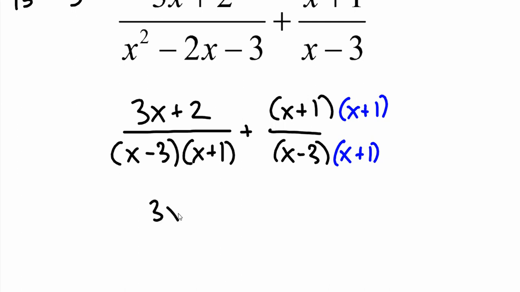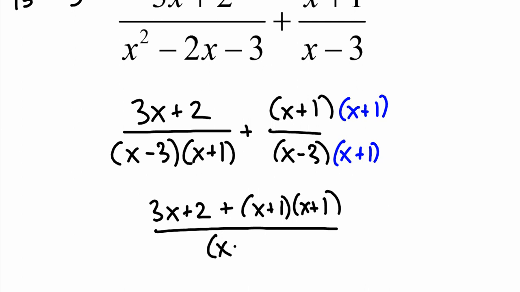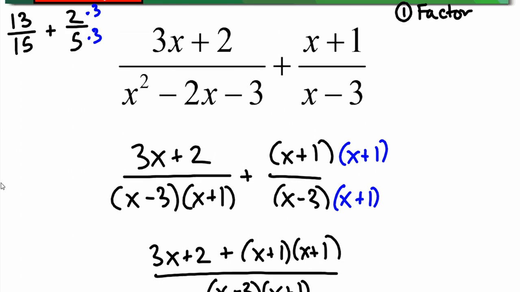So I get 3x plus 2 plus x plus 1 times x plus 1, all divided by the common denominator of x minus 3 over x plus 1. It's the same thing you did with fractions over here. Once I have 13 over 15 plus this is 6, so I end up getting 13 plus 6 over 15ths. Eventually I'll write it as 19 15ths.